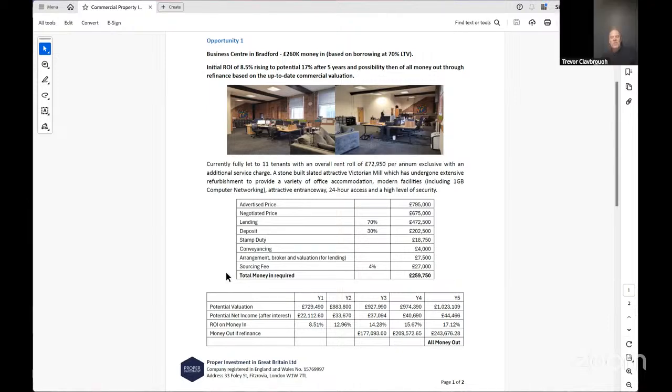Yeah. So this one, no, it's a pure investment. So the work on here is almost primarily paper and discussions. So it's optimizing the income and then a bit of ongoing maintenance.